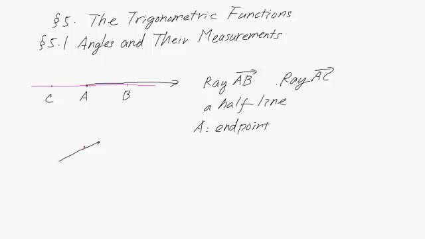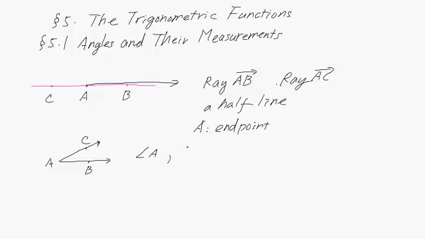See, AC. And then we have another ray, AB. They have the same endpoint A. Then together, these 2 rays just form an angle. And we may call this angle A with the symbol.